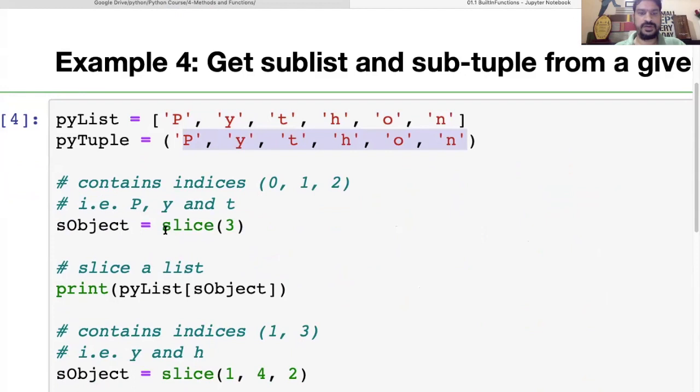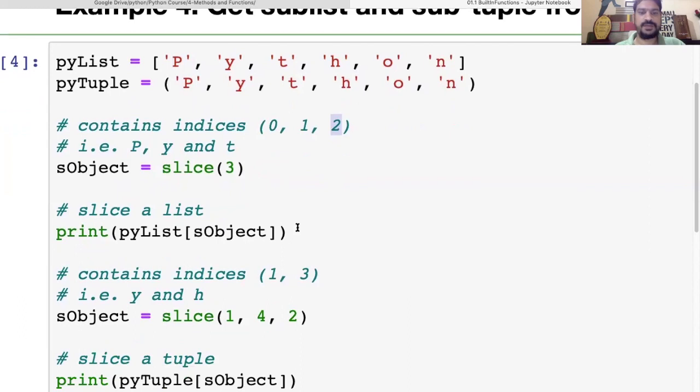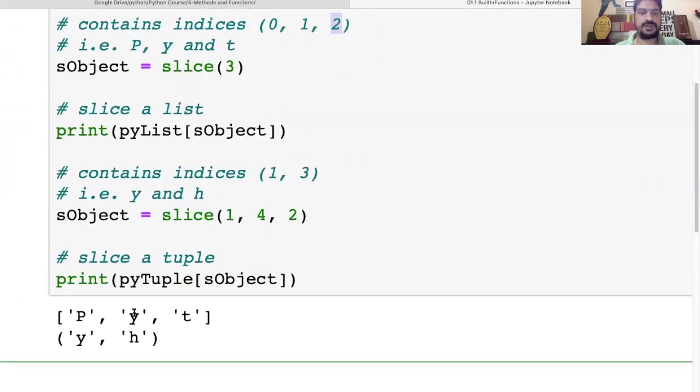If we do slice 3, what is the meaning of slice 3 here? It will go from 0 and end at 2 with one iteration at a time. And if we are printing, it is going to print p y t, which is of the list.